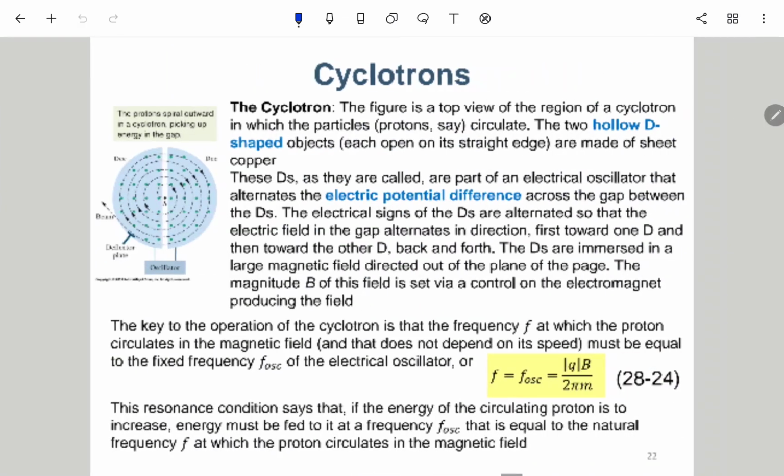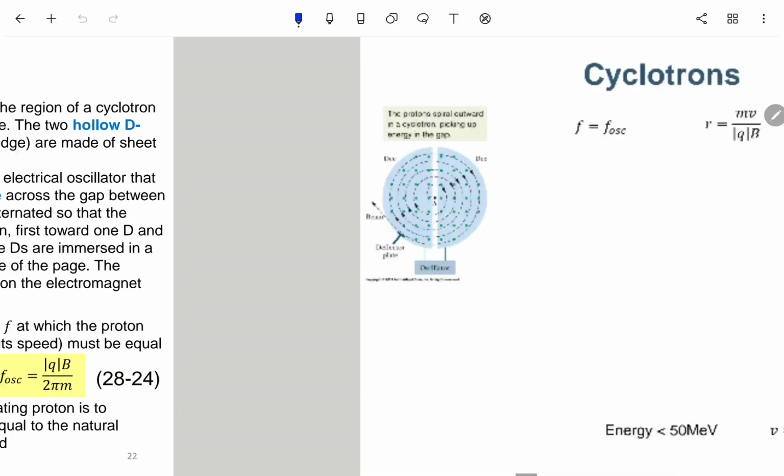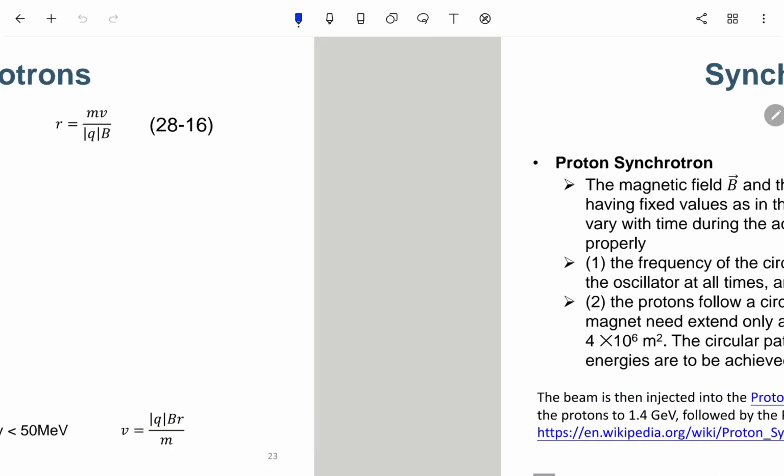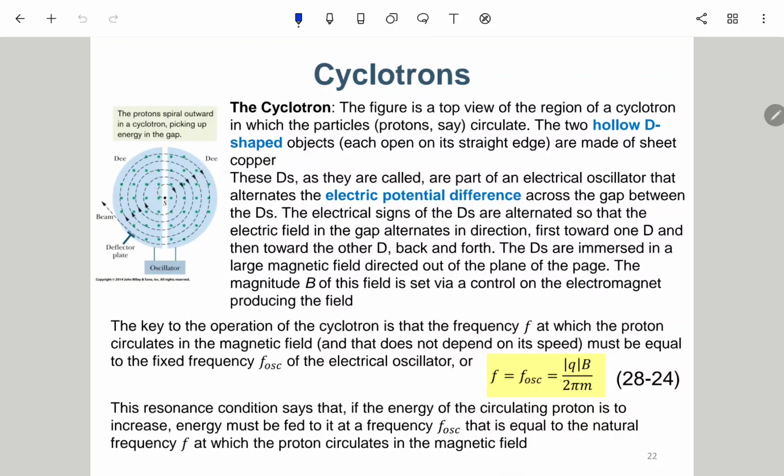Here we talk about another topic called the particle accelerator, 就是叫做粒子加速器啊，粒子加速器. There are two types. One is called cyclotron, and the other one is called synchrotron. Here, the cyclotron, 中文叫做回旋加速器啊，回旋加速器.